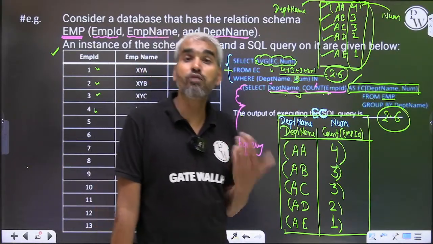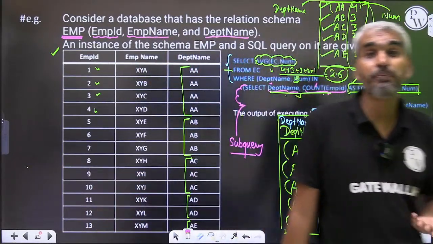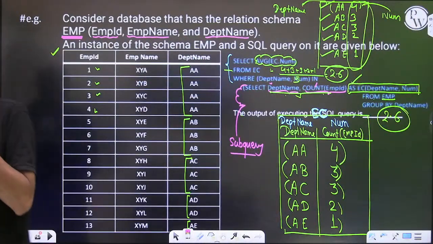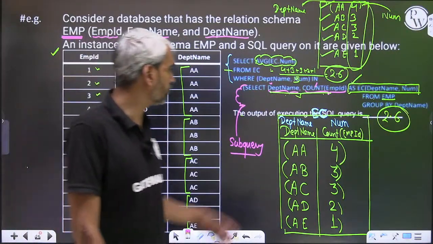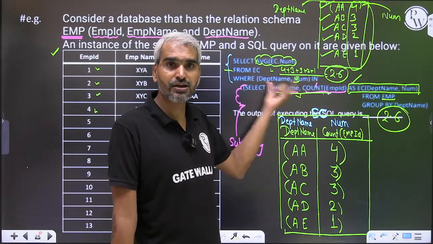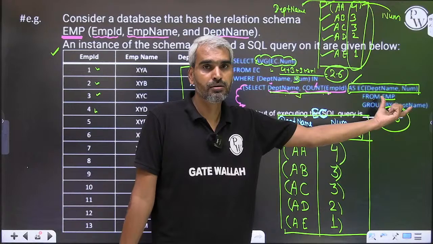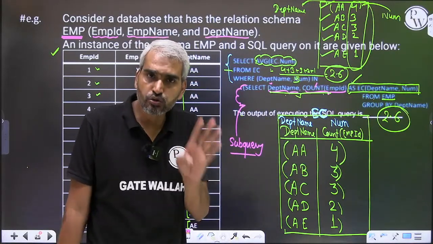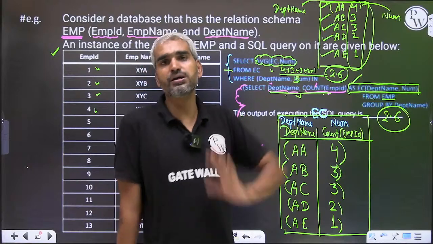As will be used for what purpose? As will be used for the purpose of renaming. So whatever output is produced by this select clause will be renamed by this as clause. That's what I'm trying to suggest: that as is used to provide a new name to something.